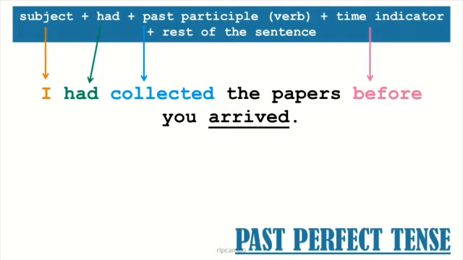However, one action took place first, and that is collected, before another one happened, which is arrived. In this context, the past perfect tense portrays an earlier action before another action happened, as portrayed by the simple past tense.